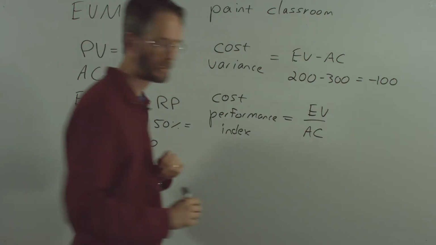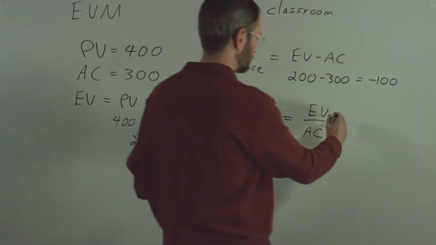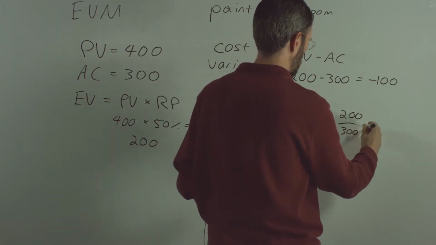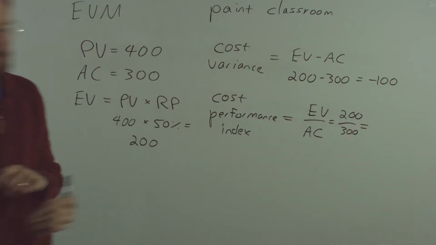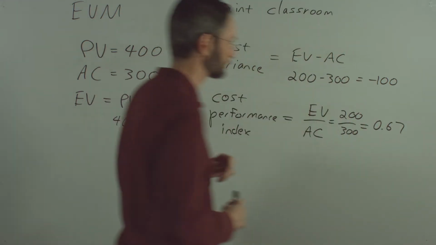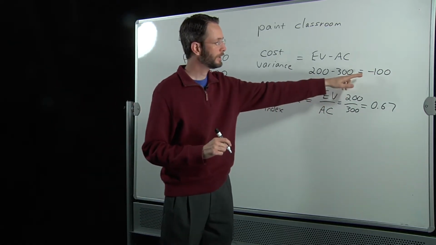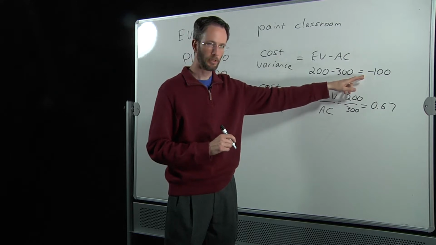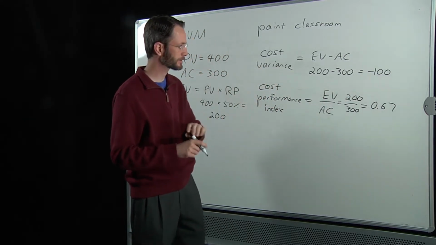EV over AC. $200 divided by 300, which is 0.67, right? Negative numbers here are bad, okay? Positive numbers are good for cost variance. But more importantly, let's focus on the cost performance index.